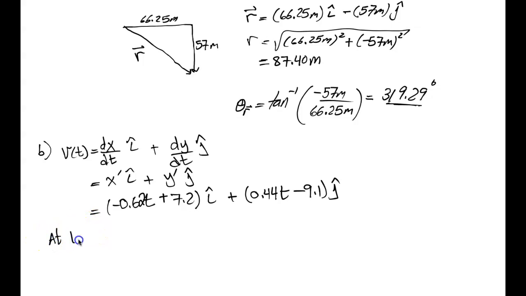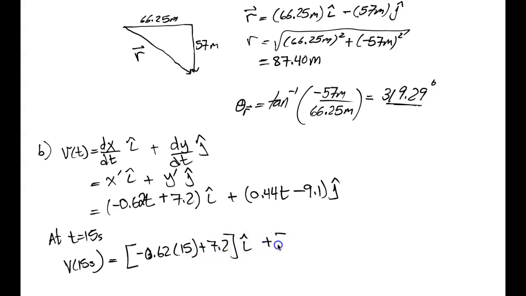At t equals 15, we get the following: v of 15 seconds is the same as negative 0.62 times 15 plus 7.2 in the i hat direction plus 0.44 times 15 minus 9.1 in the j hat direction.